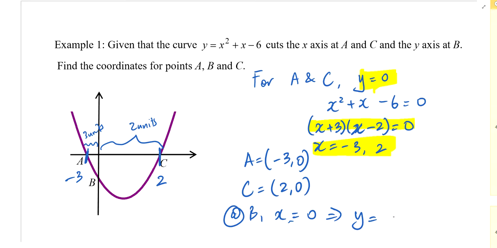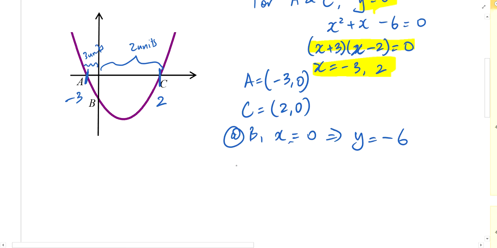How much is y when x equals 0? Look at the equation. How much is it? Negative 6. No need to do any working. So the coordinates of B will be 0, negative 6. Okay? That's all. A, B, and C.